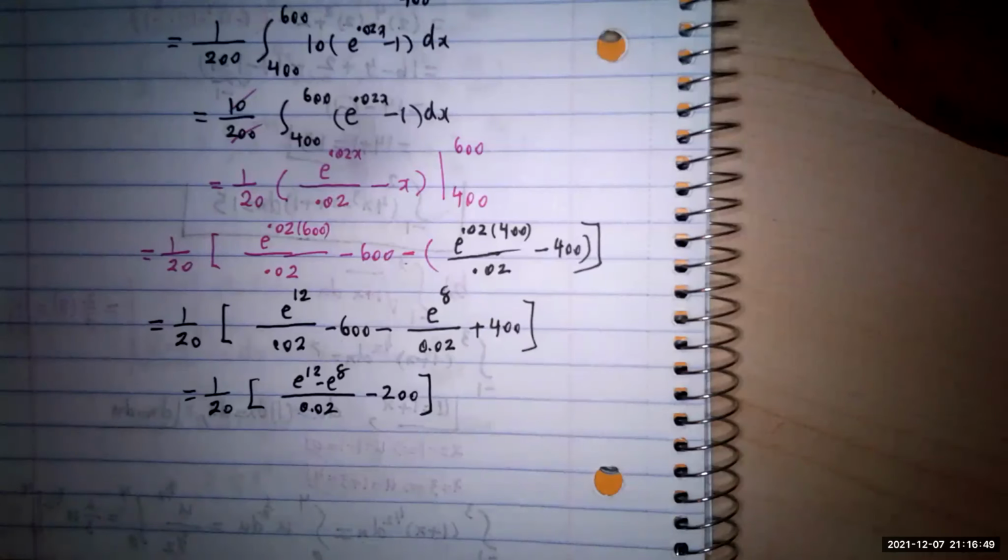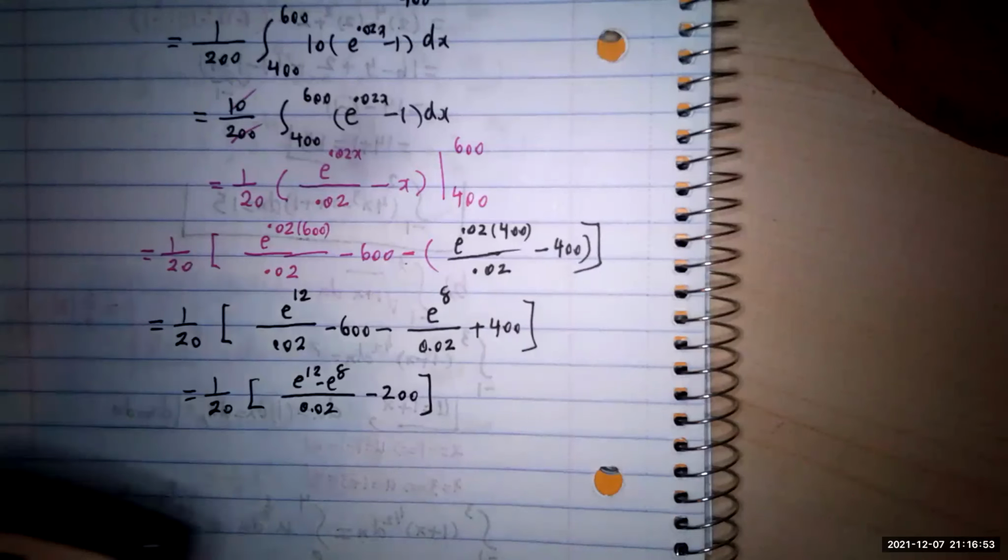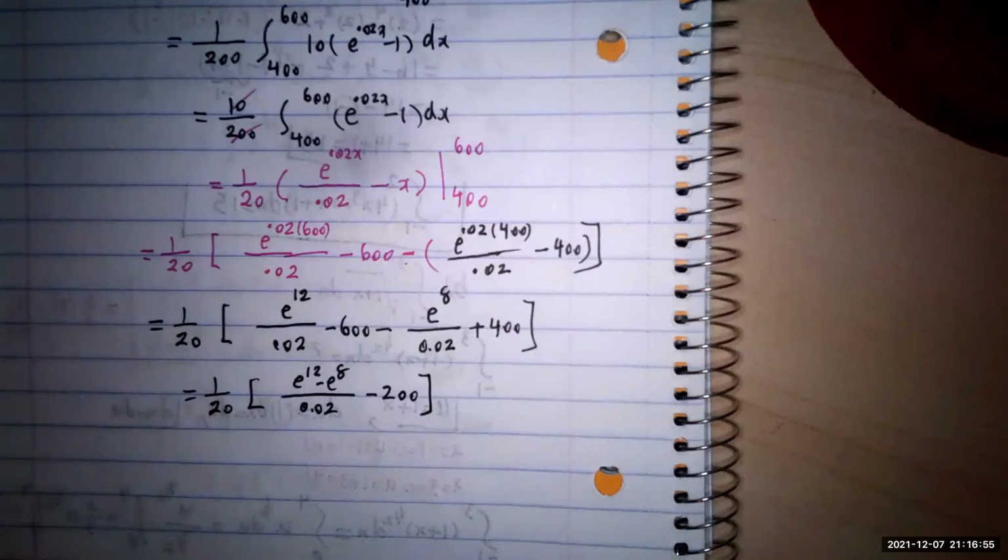Okay, so let's see. You can try it yourself, but I go with the exponential function, so it's going to be second and the ln, the e function. So I'm going to have e to the 12, that's the first one, minus e to the 8, that's a difference.